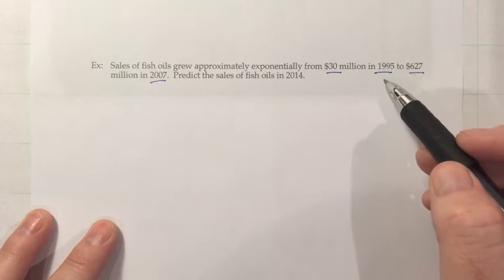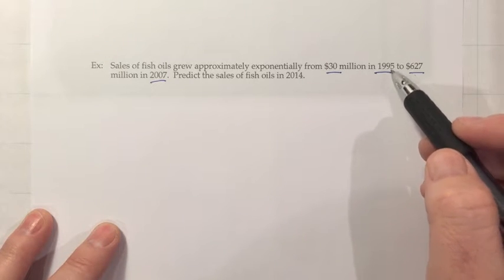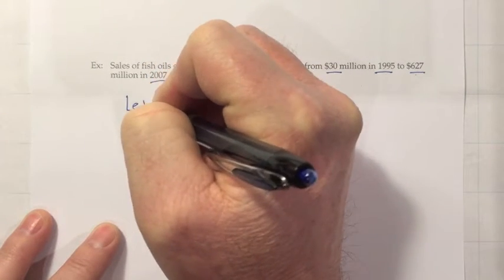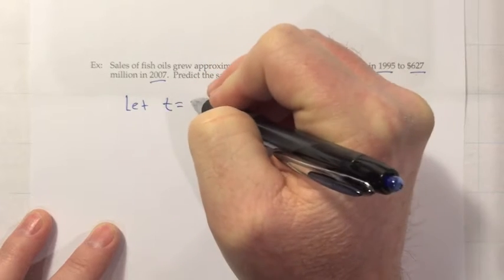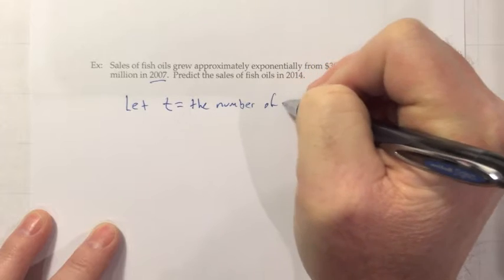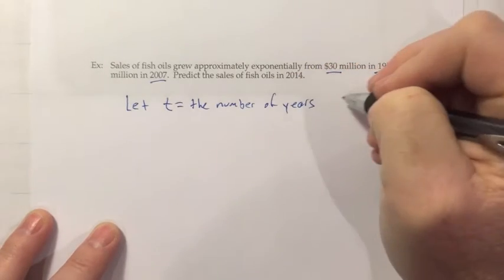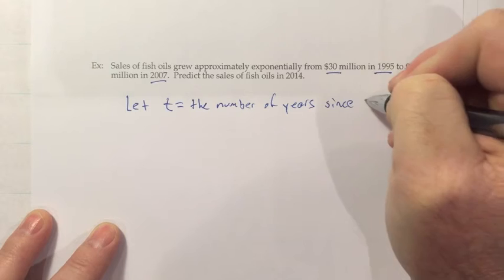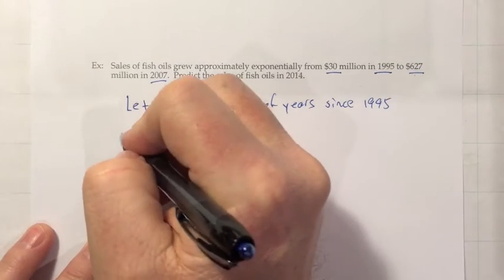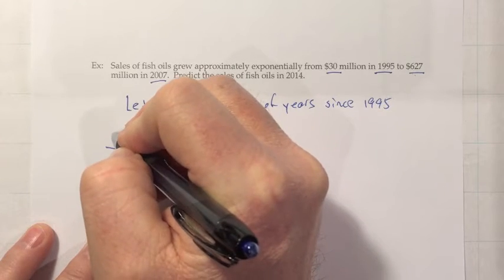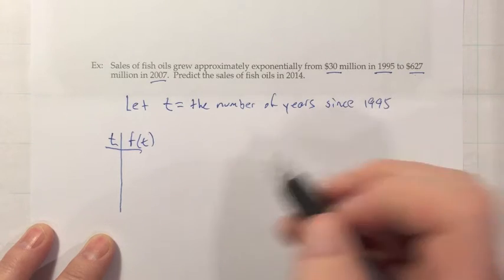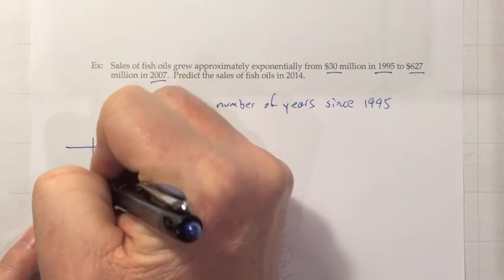I guess we could use the year, but it's more common to set a starting point for t. We might as well do that with the lower year. So the first thing I'm going to do is say, let's let t equal the number of years since 1995. All right, so now we'll make our chart just like we did last time. So t and f of t, and actually let's add the year onto our chart as well.